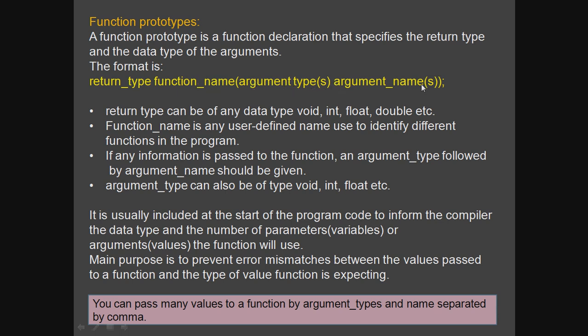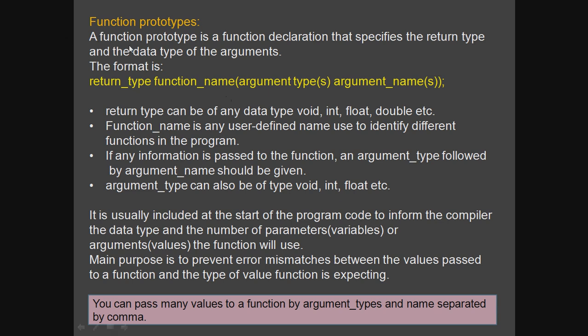Function prototype is actually similar to a variable declaration. Before we use a variable, we declare it, like int a or int sum, right? So what are we doing? We are declaring the variable to tell the compiler that this variable sum is going to be used inside the program, and it will store the integer type or float type, right?